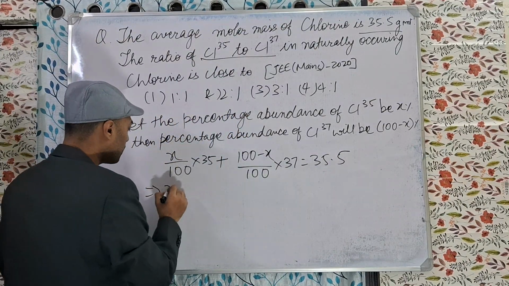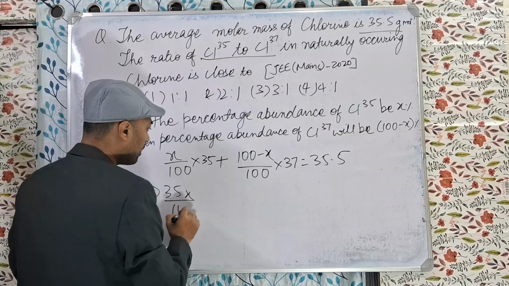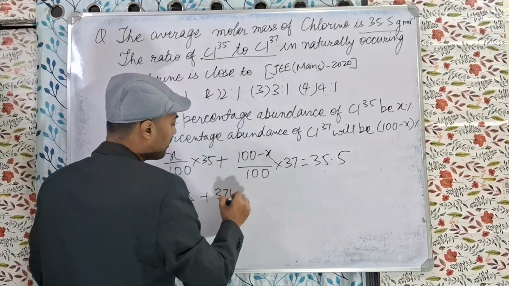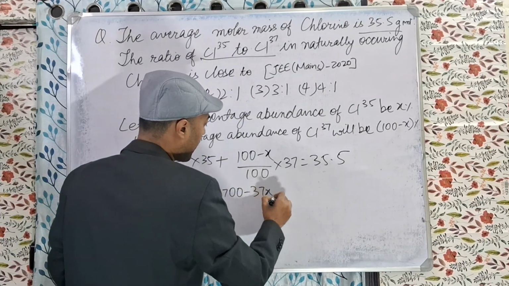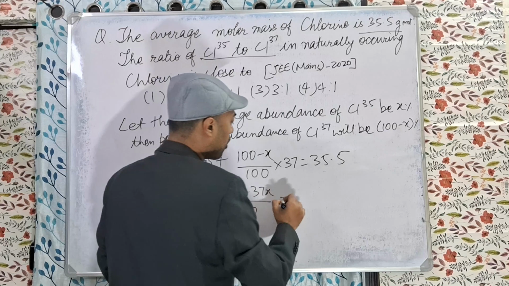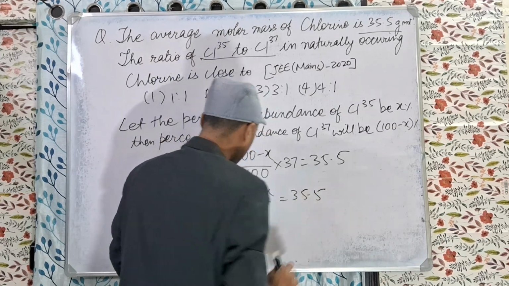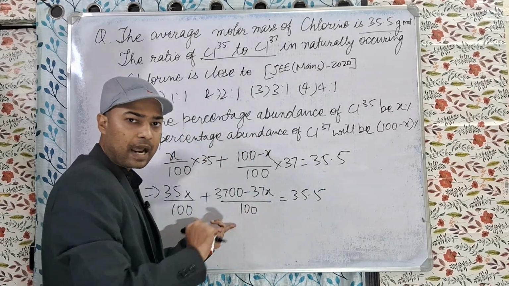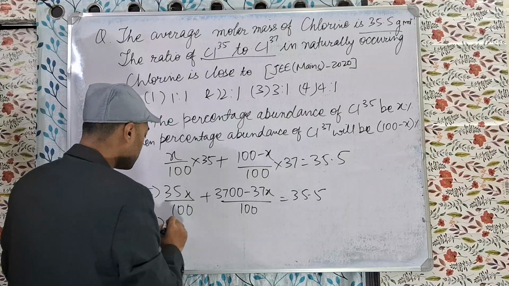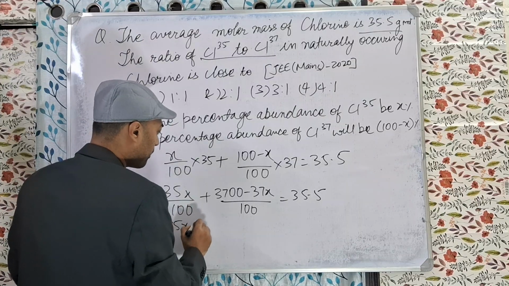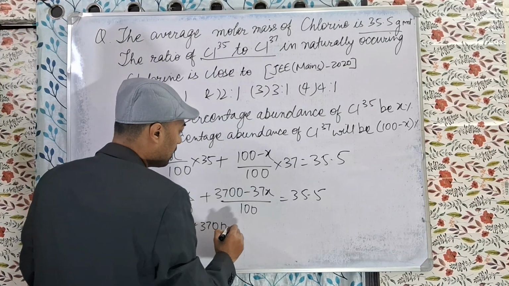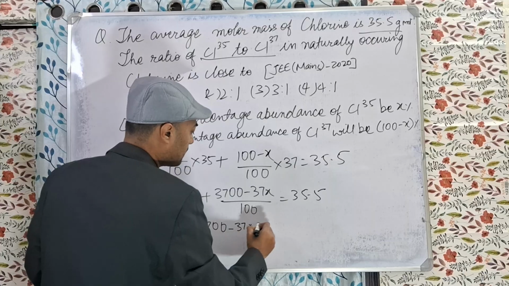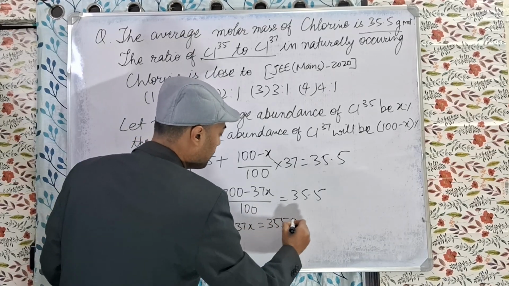So this becomes 35x by 100 plus 3700 minus 37x by 100 is equal to 35.5. Now transfer this 100 to the right hand side. So this becomes 35x plus 3700 minus 37x is equal to 3550.